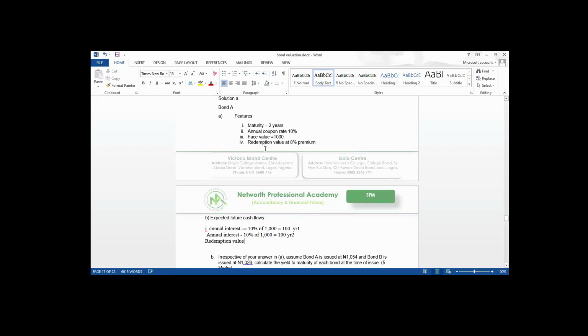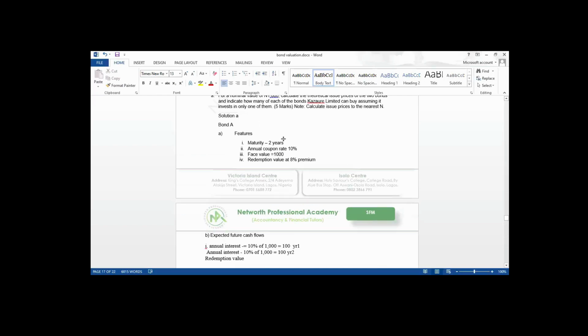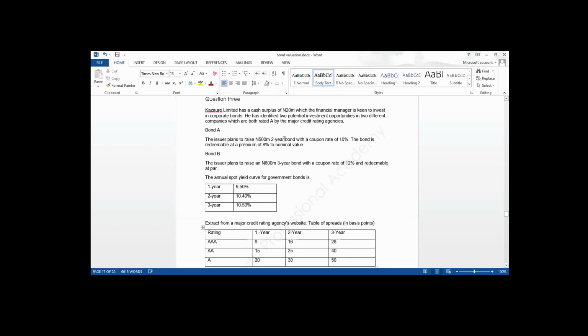The bond will be redeemed at 8% premium. You are going to compute 8% of 1,000. Look at it here. At a premium of 8% to nominal value. Nominal value is 1,000 naira. Compute 8% of 1,000. That will give you 80 naira.